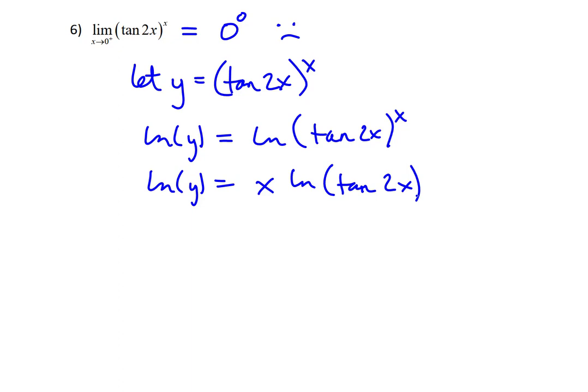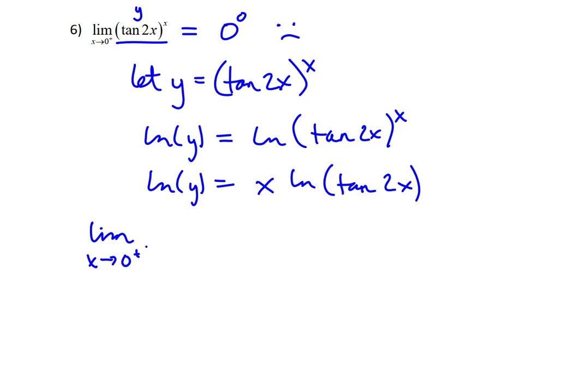Now, we ultimately want to take a limit here. So notice what's happening. This original expression, we have tangent 2x to the x. That's what we set y equal to, which means I'm really trying to take the limit as x approaches 0 of this y value. So what we're going to do is introduce a limit into our problem where it stands now.